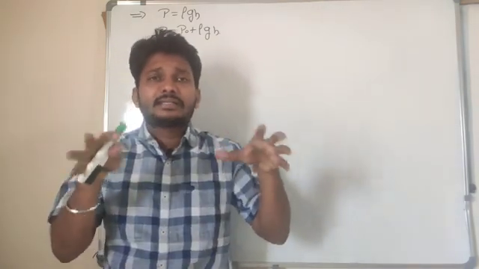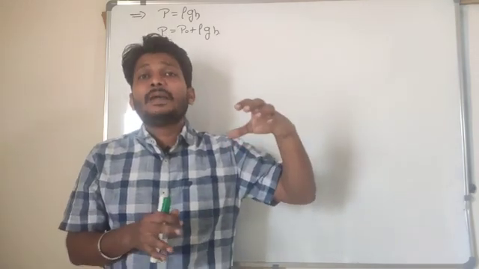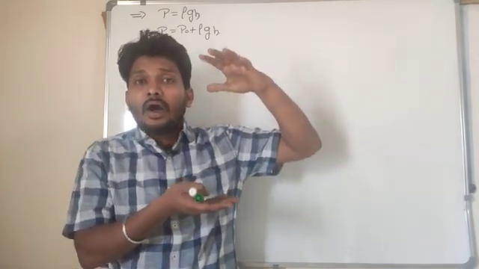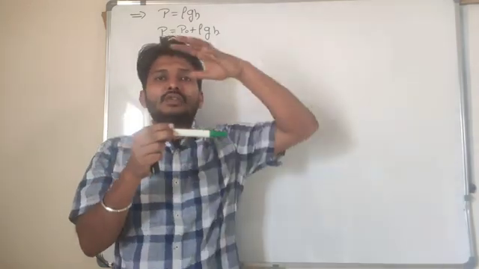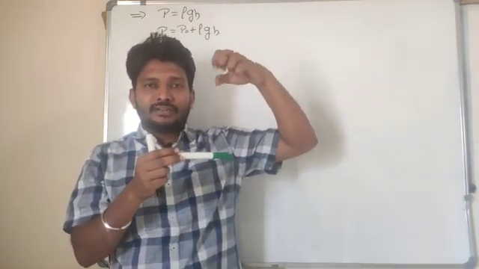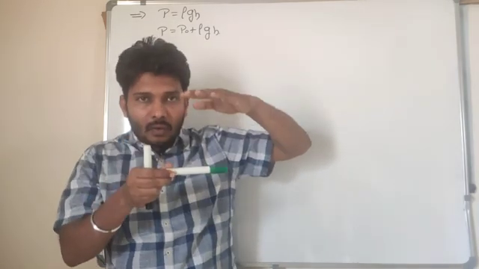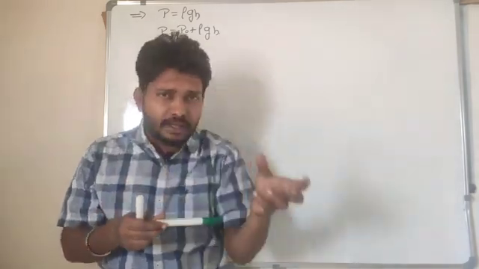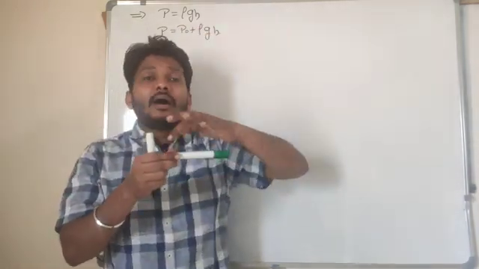Then what's the exact meaning of this atmospheric pressure? It presses the body on the surface of the earth. For example, this is one body. The atmospheric pressure, or air, presses the body in a downward direction; in another way, it is the force exerted by the air on the body.